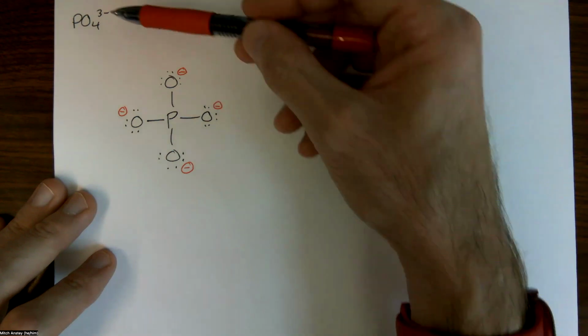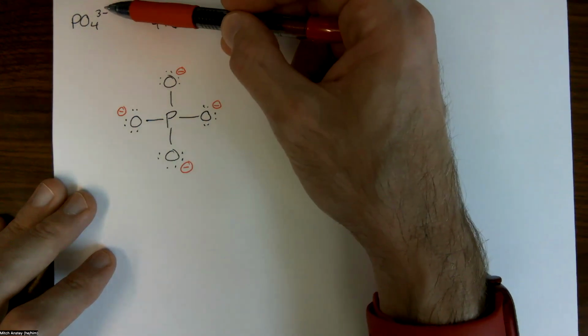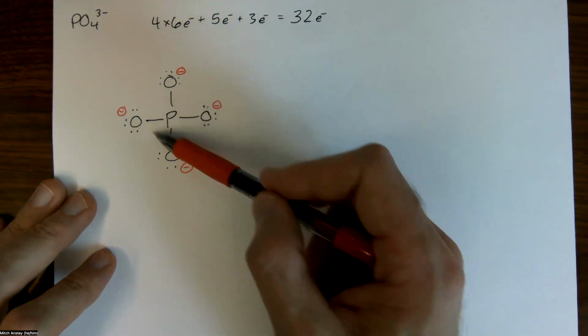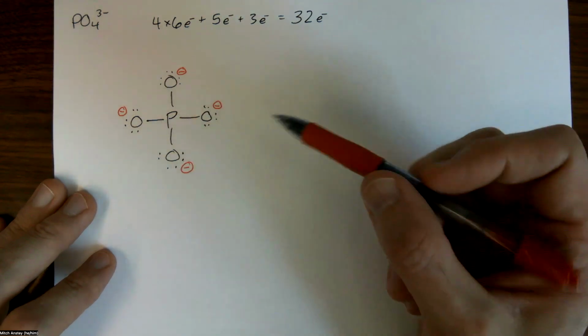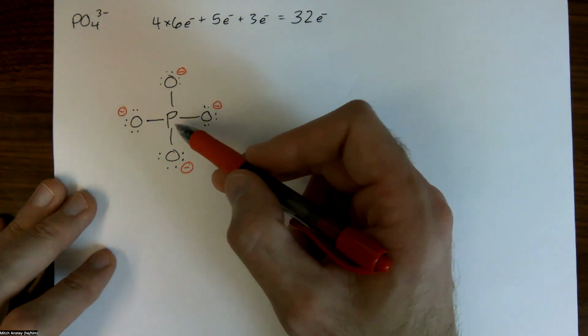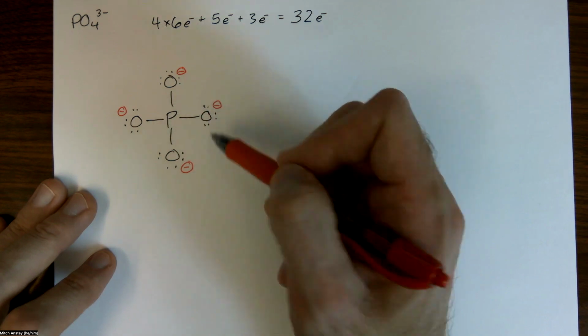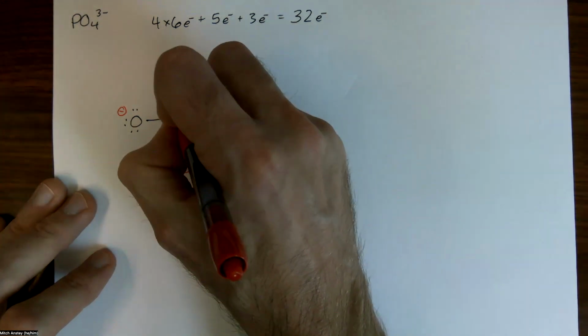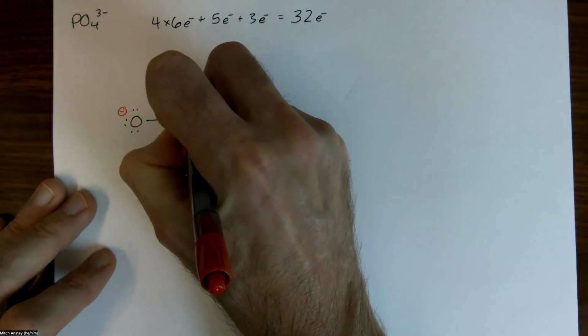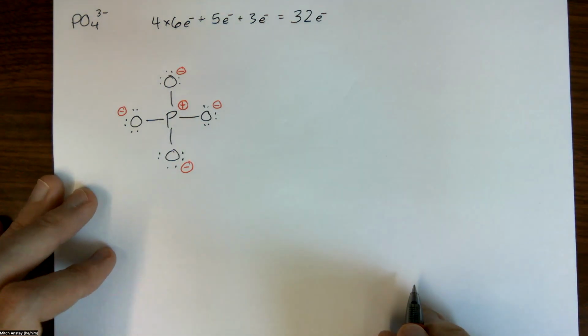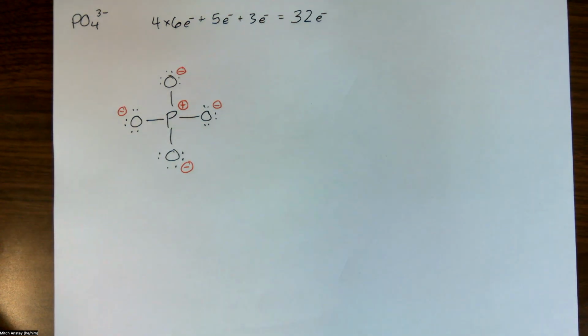Given that the overall charge is 3 minus, I know that phosphorus needs to balance out those 4 minuses. It should have 5 electrons, but it only has 1, 2, 3, 4. It's lacking 1 electron. It has a positive charge. The net charge is still 3 minus. That way I know that I've done my structure right and I put in the right numbers of electrons.